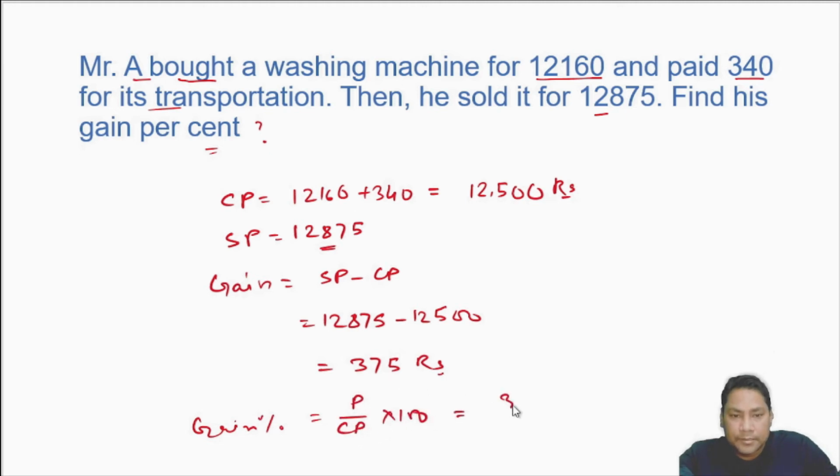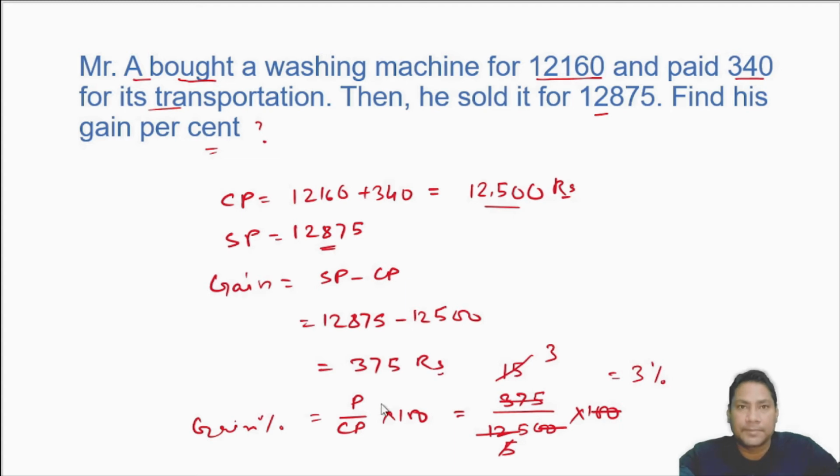The gain is 375, and the total cost price is 12,500, multiplied by 100. So the answer is 3% gain.